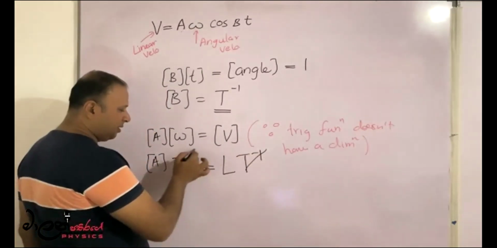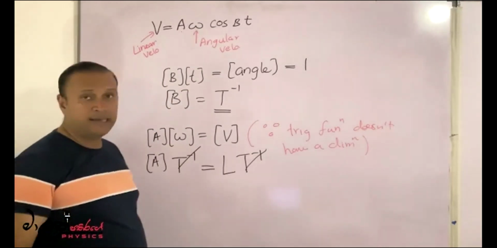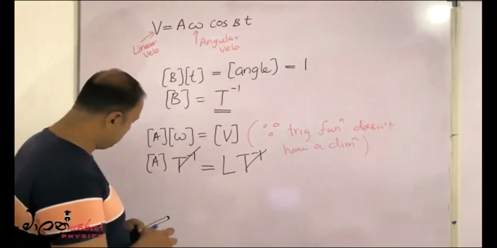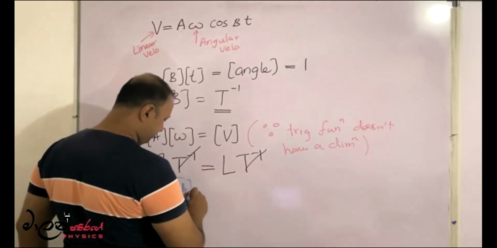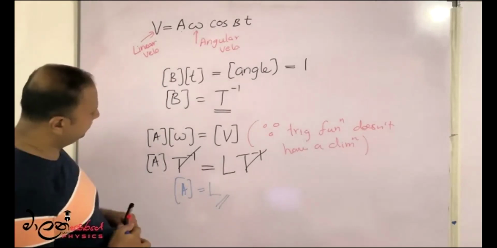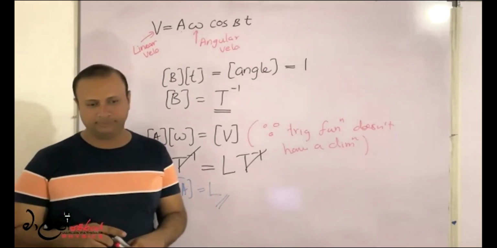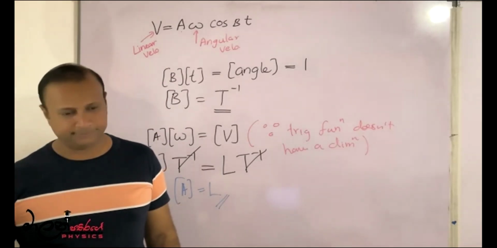Therefore, T minus 1 and T minus 1 will be cancelled out. So the dimension of A is equal to L.